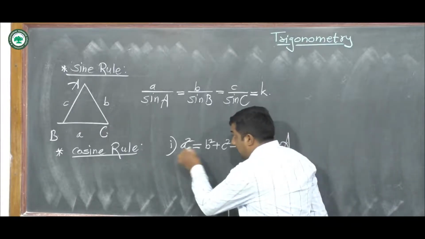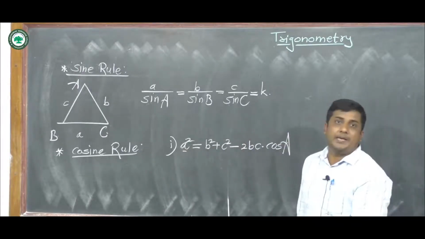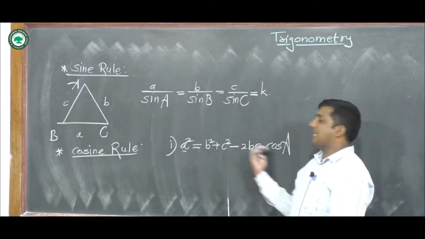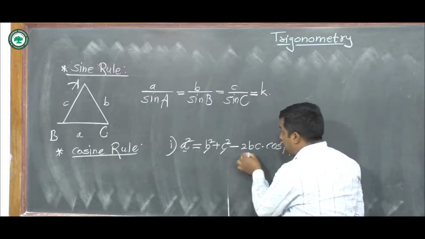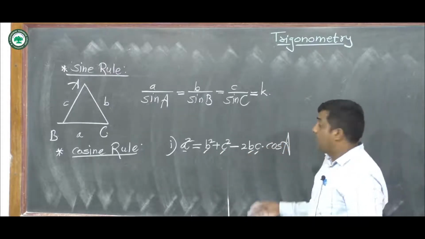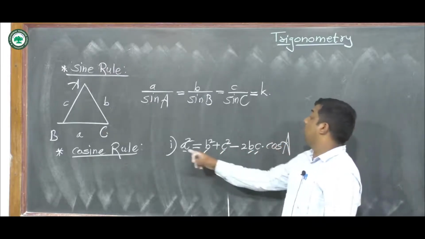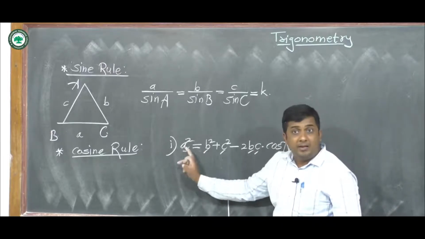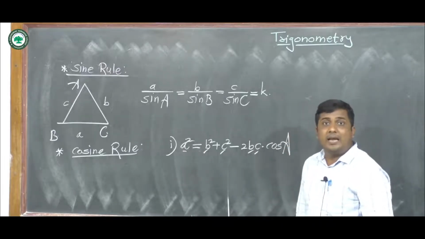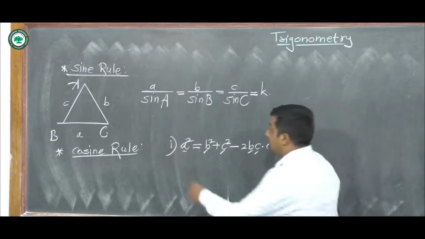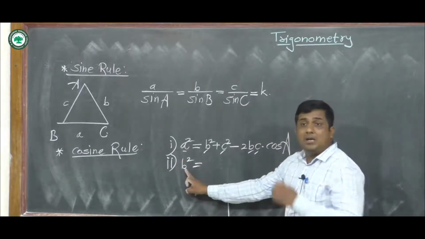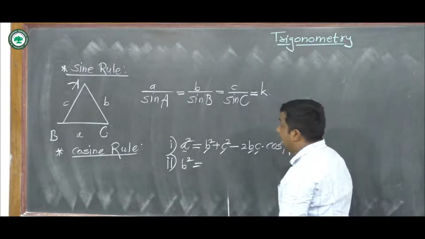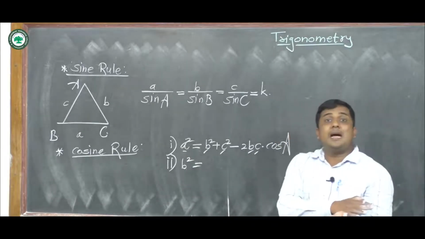Remember, here a is our length of one side, and opposite side we consider b and c. Here opposite side we consider b and c sides only, and we consider the angle opposite to the side a, having length a. Then in second we consider b square. If we consider b on one side, then in opposite side we consider a and c.